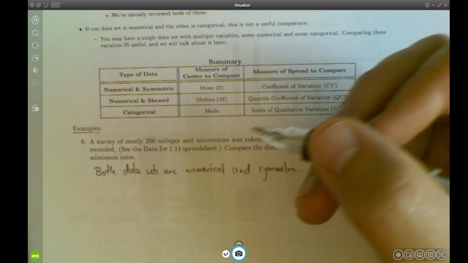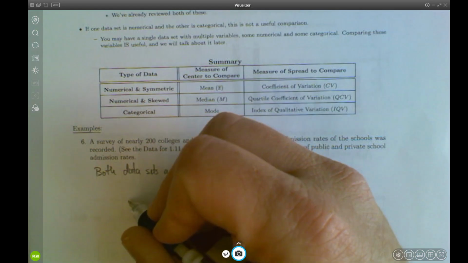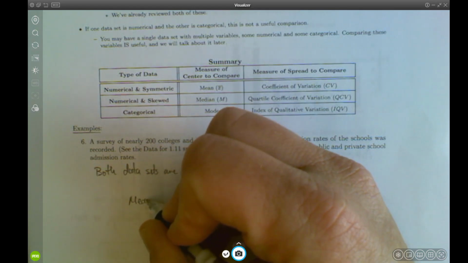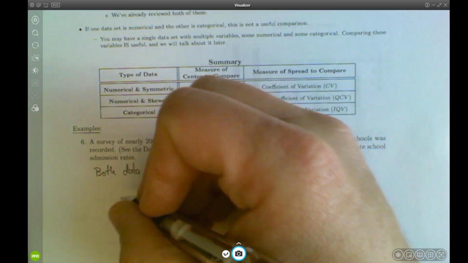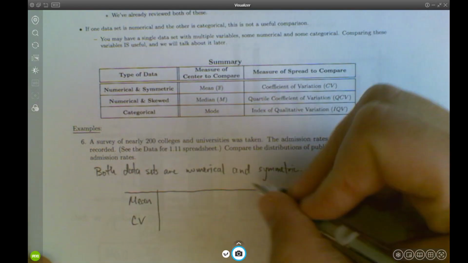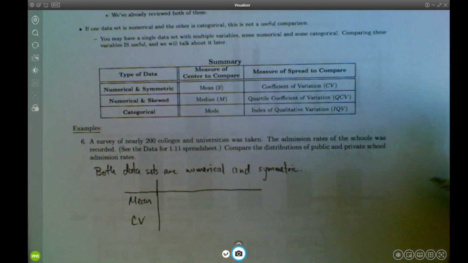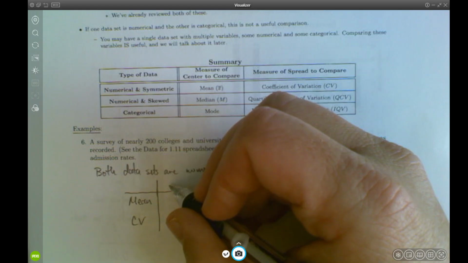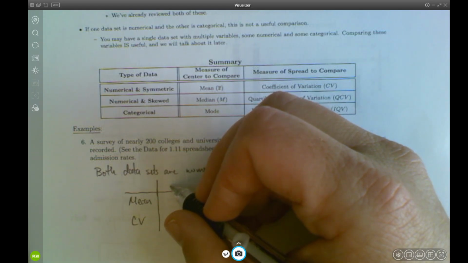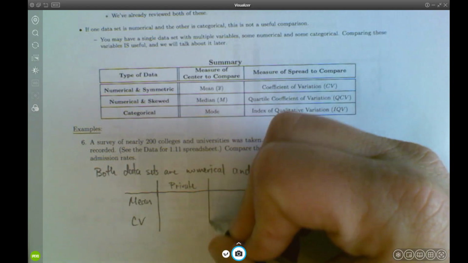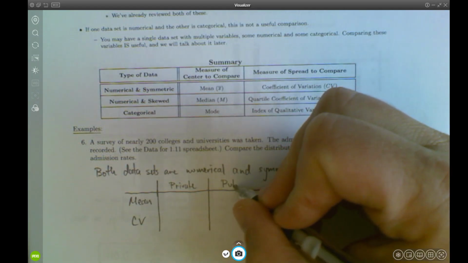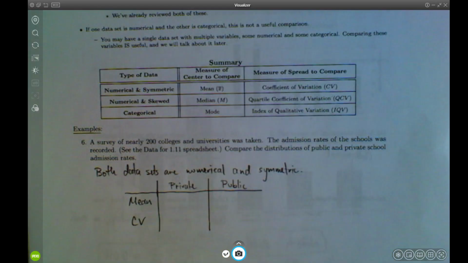I'm just going to make that same table that I made in Excel, right? Mean and CV. I don't need to report the standard deviation. I just need to report the coefficient of variation. But I'm going to do this for private schools and for public schools.